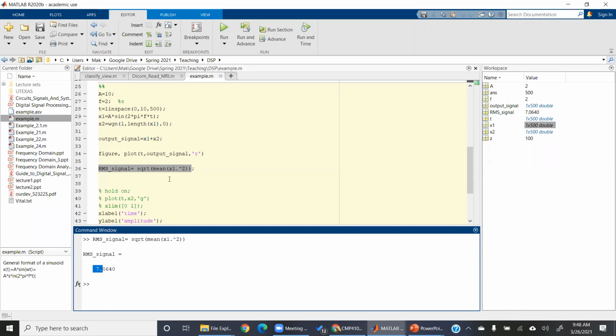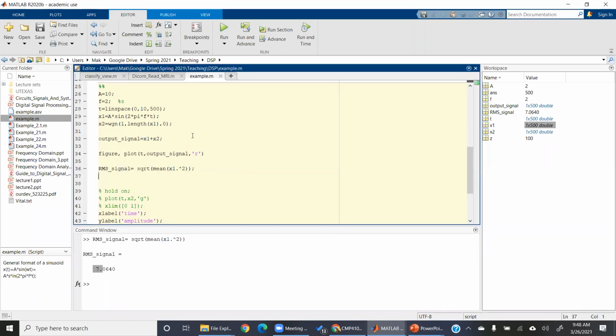And do you know why it is 7? What is the RMS value of a sine wave of amplitude 1? Do you guys know it?